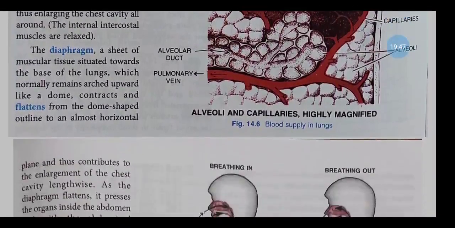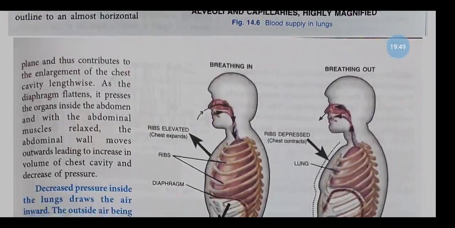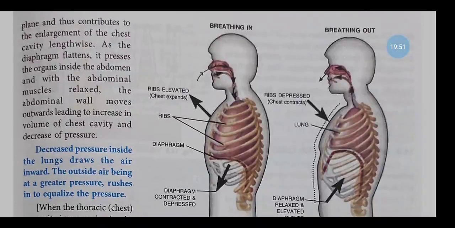Now you can see in this figure, the diaphragm is present just below the lungs, and when you inhale the air, this diaphragm moves toward the abdomen, which compresses the other organs and muscles of the abdomen, which results in the upward movement of your abdomen.